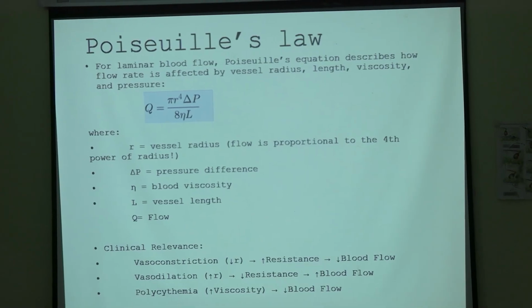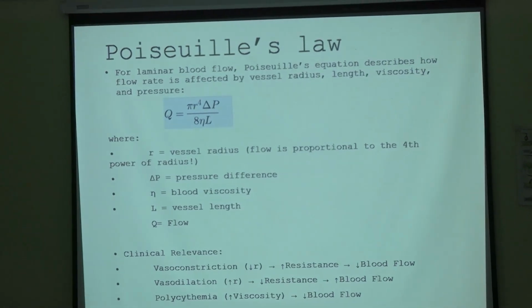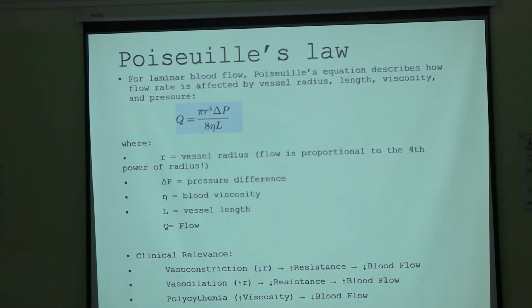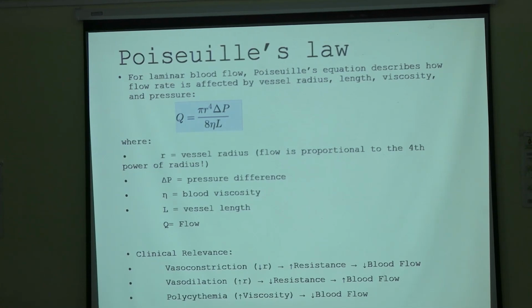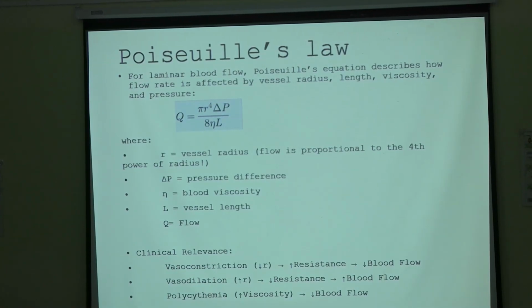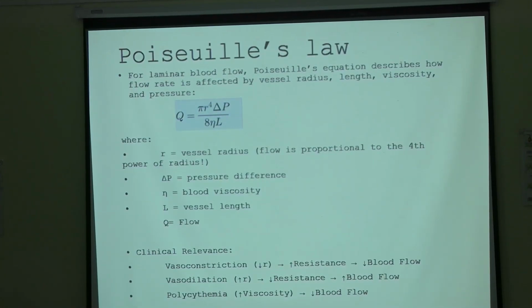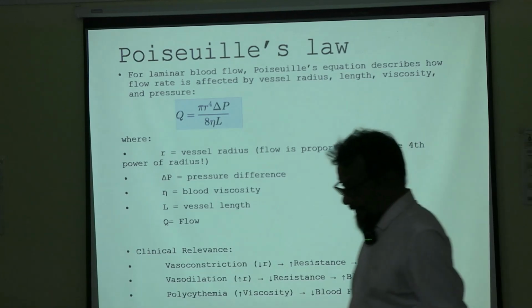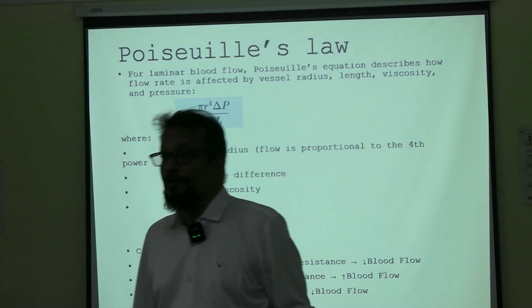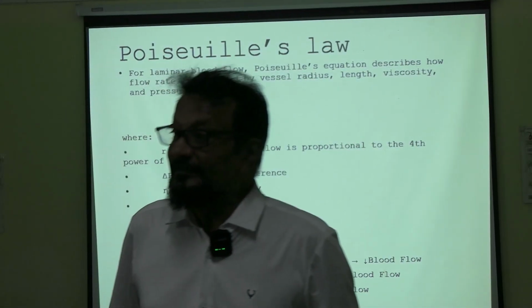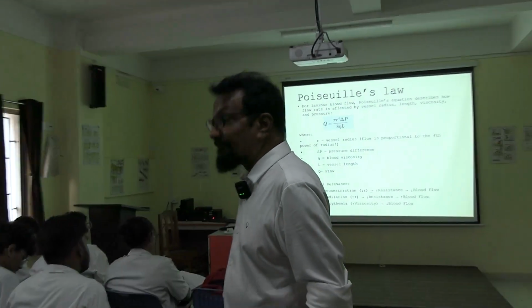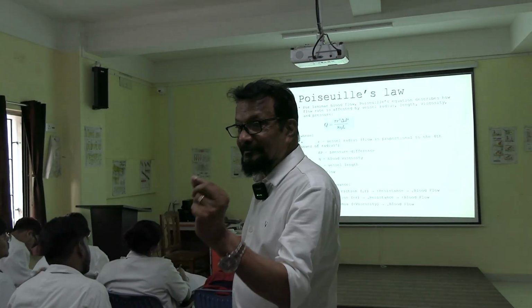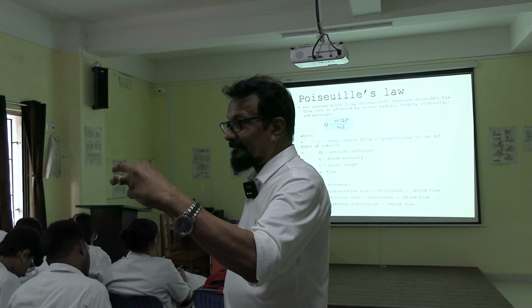Another important thing: we have learned there are some laws and principles. One of the laws is Poiseuille's law. Okay? This law explains the relation of some factors with flow of blood.